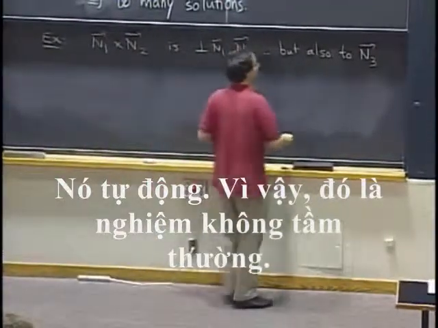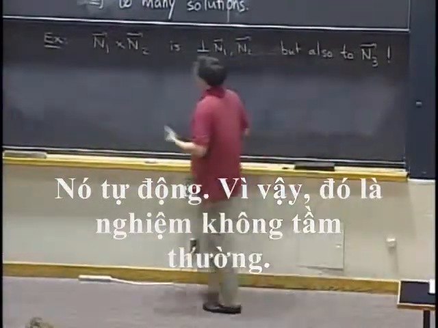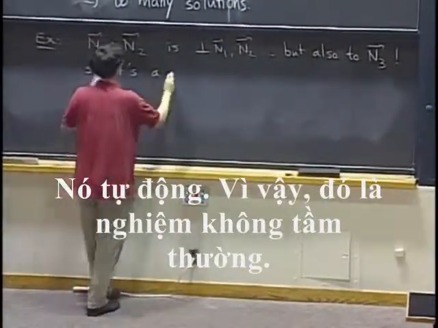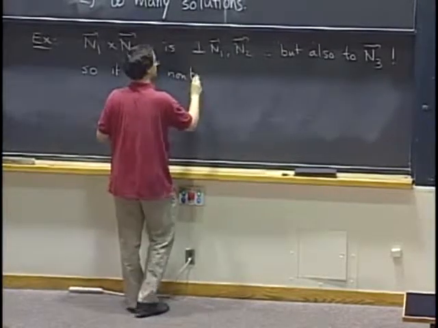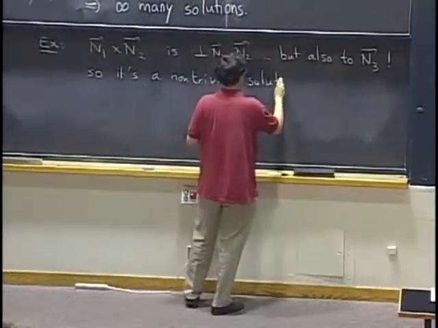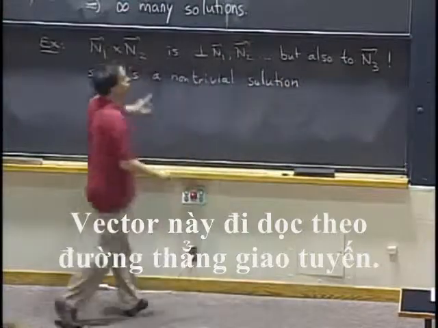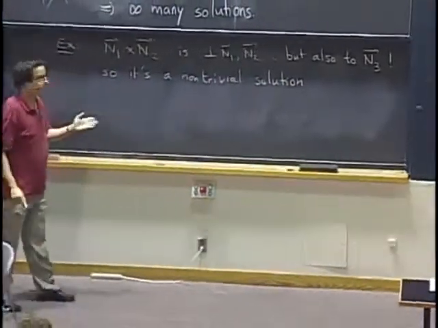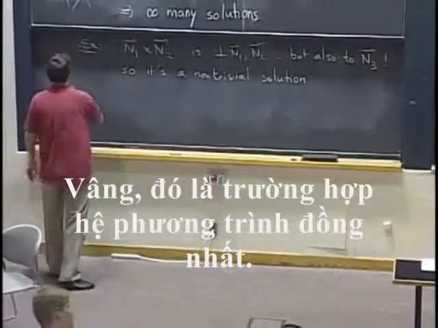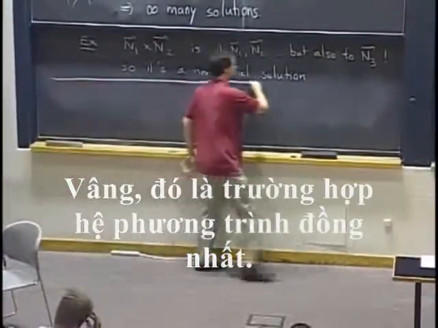It's automatic. So it's a non-trivial solution. This vector goes along the line of intersection. So that's the case of homogeneous systems.